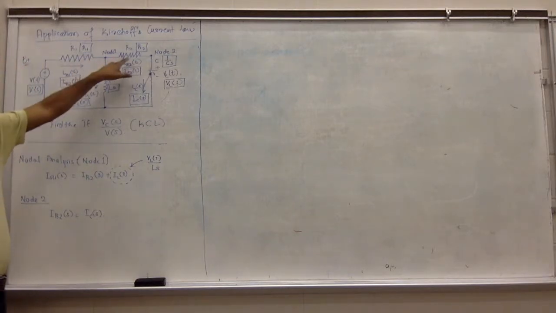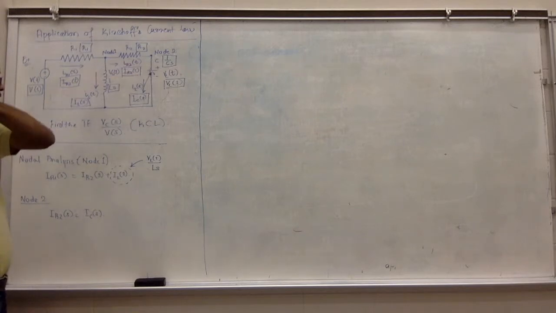So what is voltage across this one? Voltage dissipated across this one, VR2. What is it equal to? IR2 times the impedance. So IR2 of S into R2. You get it?